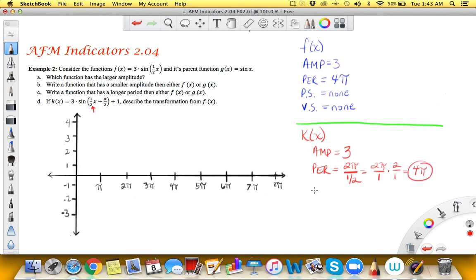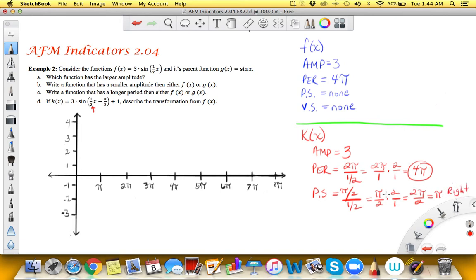Okay, and then we have a phase shift that changes a little. It's pi over 2 divided by 1/2, which gives us pi over 2 times 2 over 1, which is 2 pi over 2, or simply just pi. But it's going to move to the right.